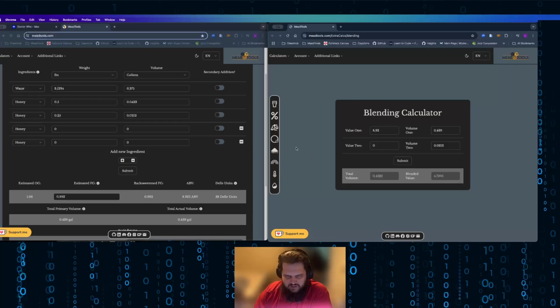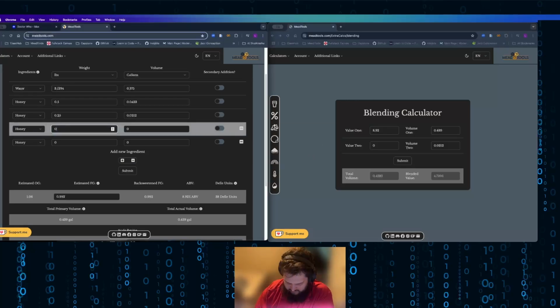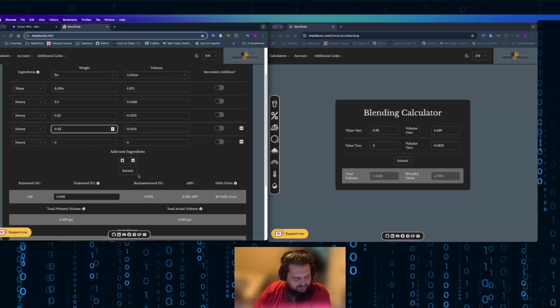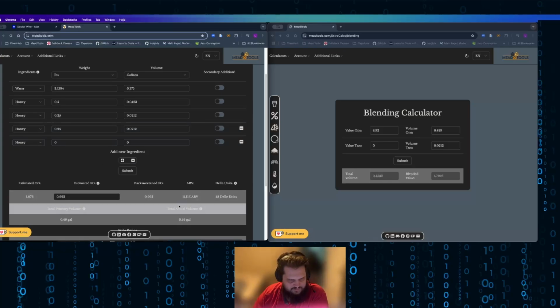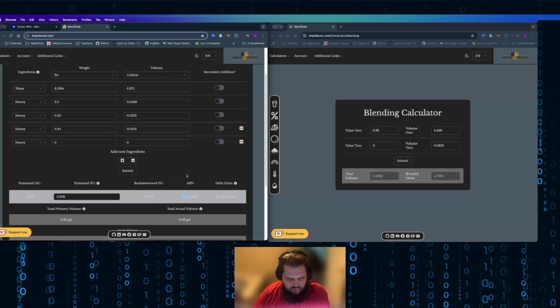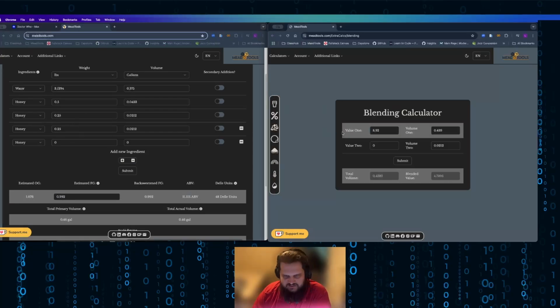And now if I add another 0.25 pounds of honey, my new potential is 11.11. But my actual ABV before any of this honey ferments is 8.5%.